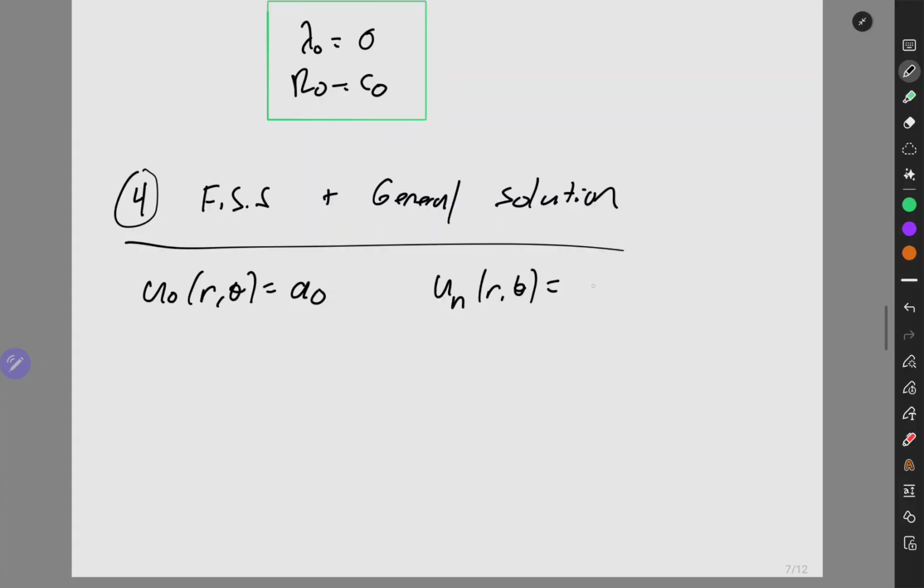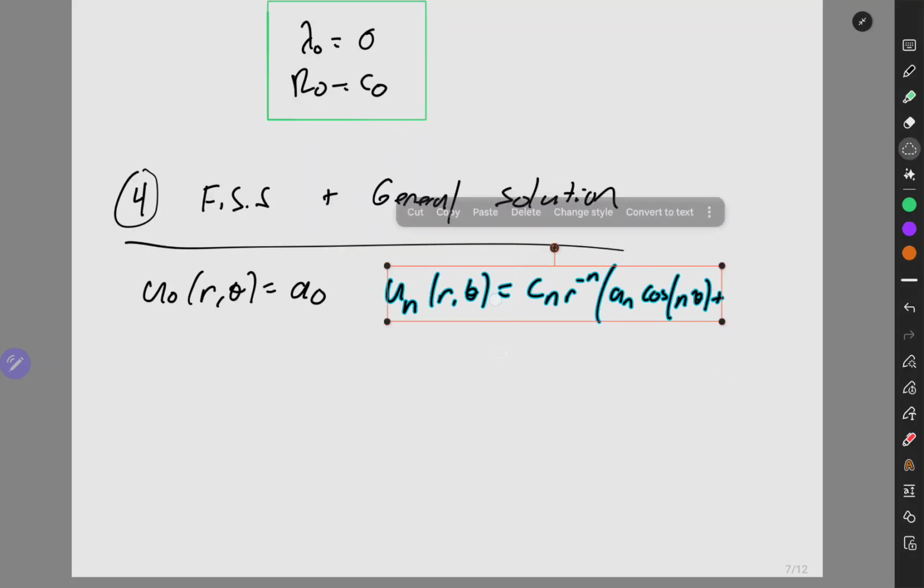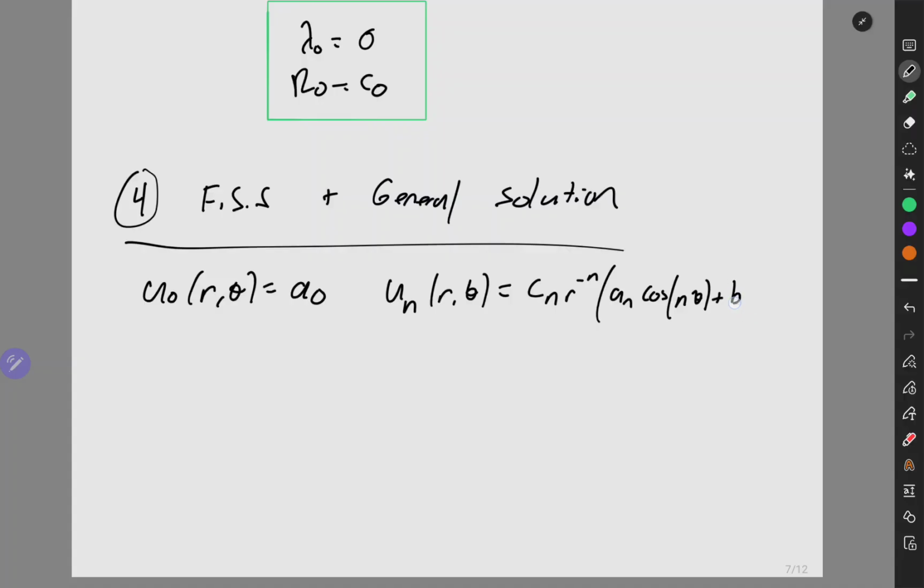I'll just write it out first. This should be negative n. Sine is b to the n. Sine n theta.